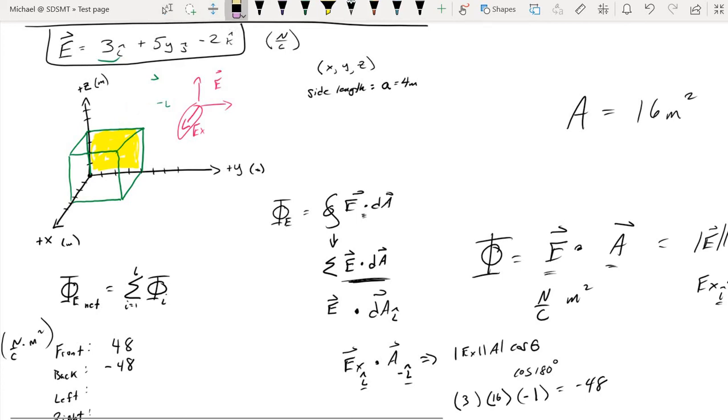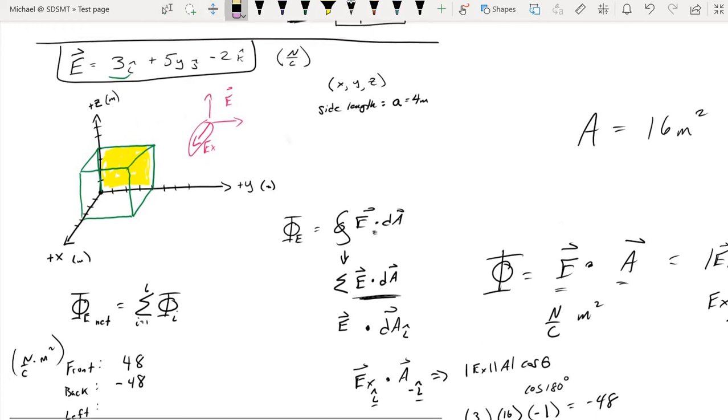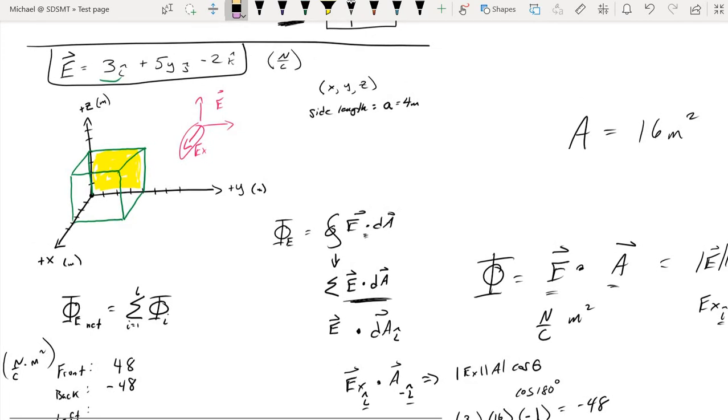And that should make sense because this electric field vector that we have here with all of these components, we don't really know how it's being generated.